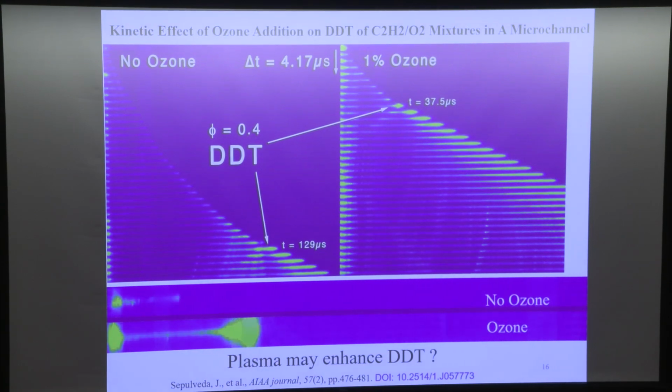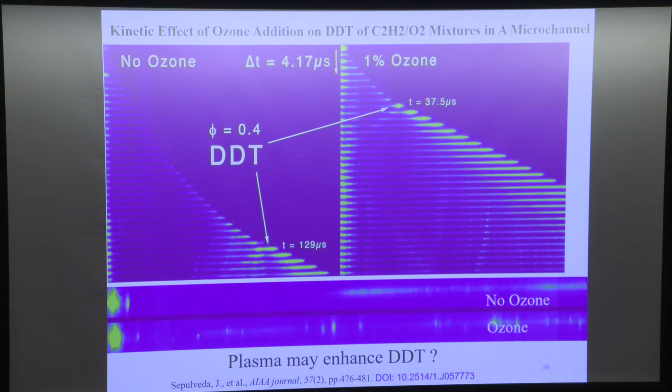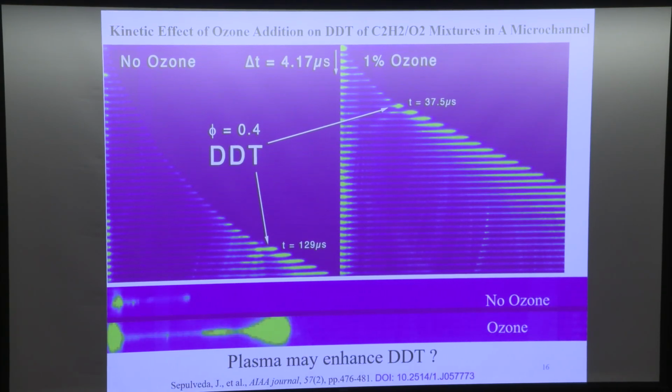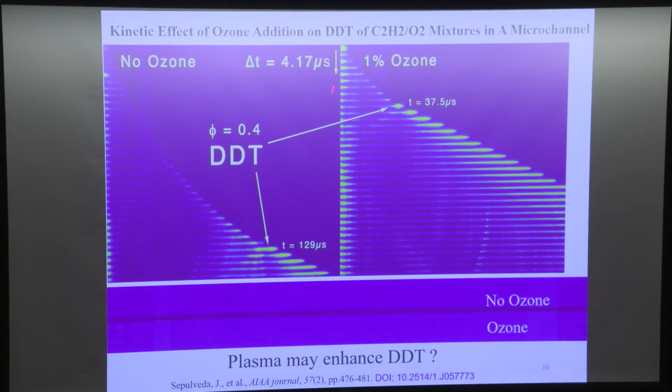So this is an experiment from a few years ago, around 2020, where we tried to understand how much plasma can enhance detonation.